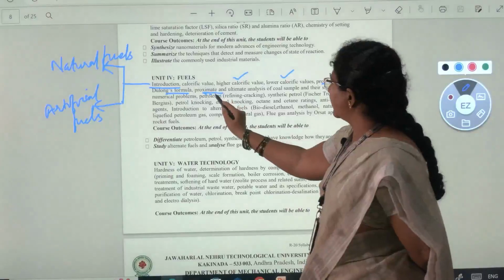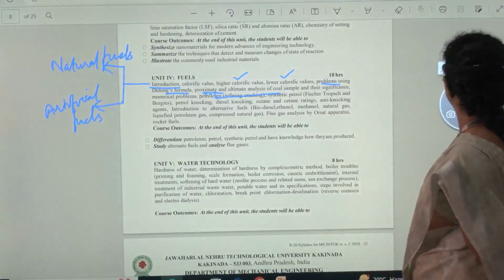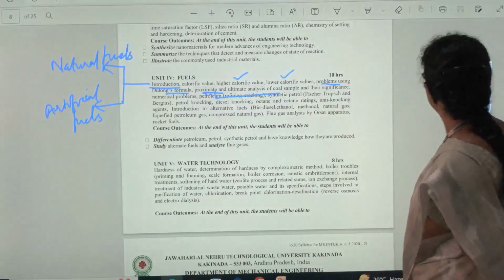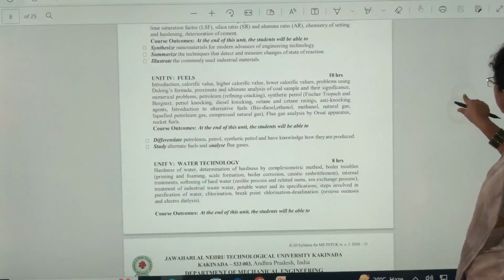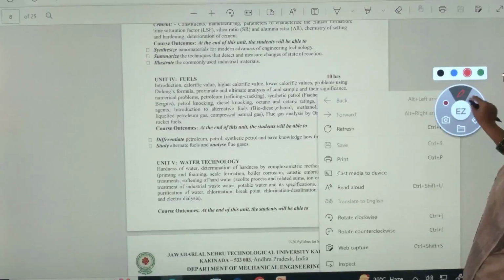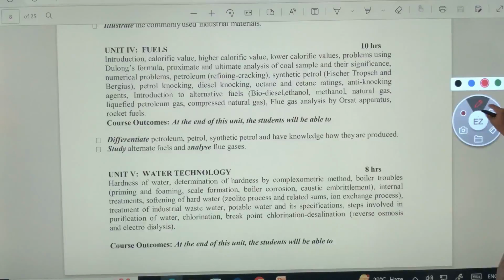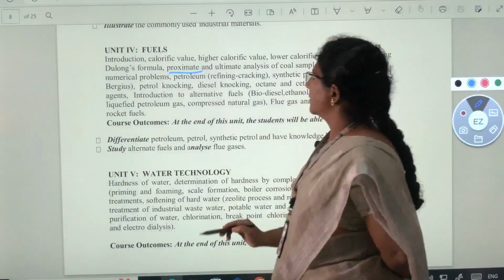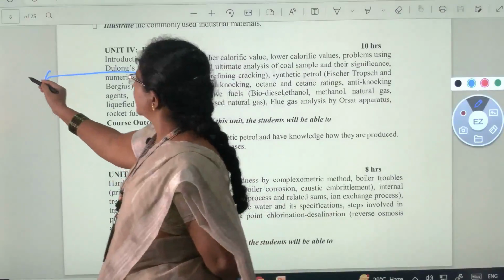In proximate analysis of coal, we will be estimating the amount of moisture content.